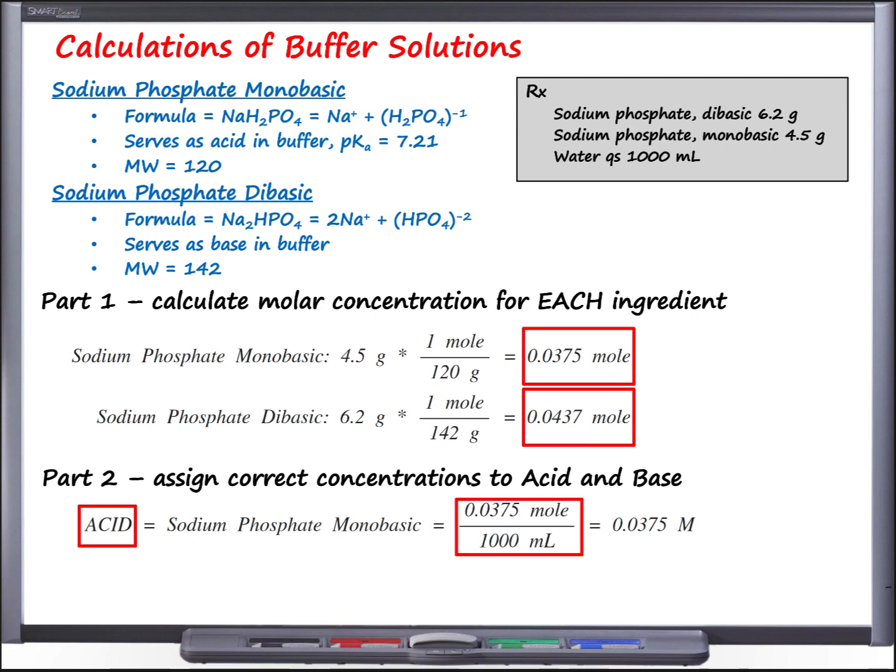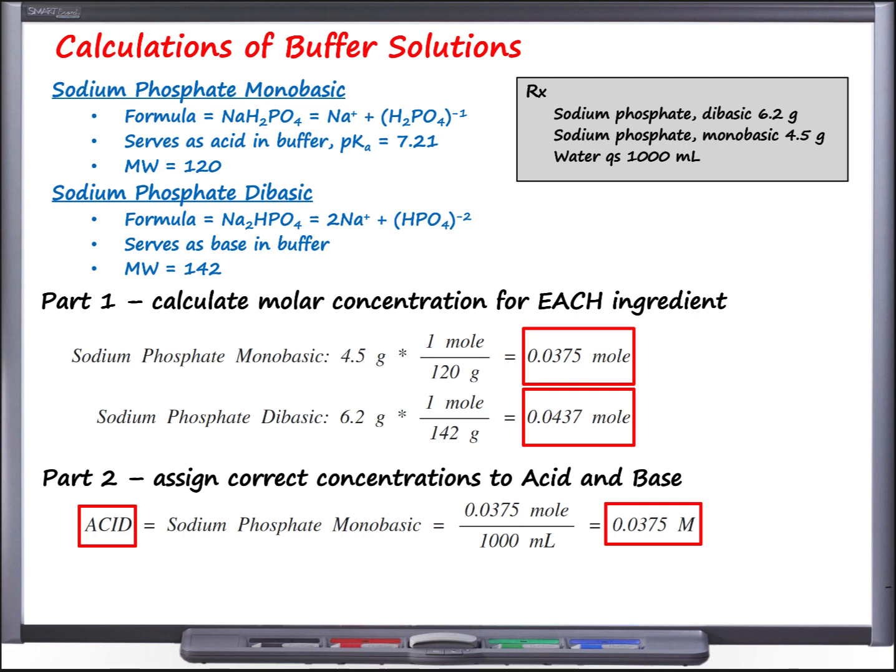So let's take the moles of the monobasic, which we just calculated at 0.0375 moles, and divide it by the volume we're compounding, which in the formula was 1,000 milliliters. Understand that 1,000 milliliters is the same as 1 liter. So our actual concentration in molars is 0.0375 molar.